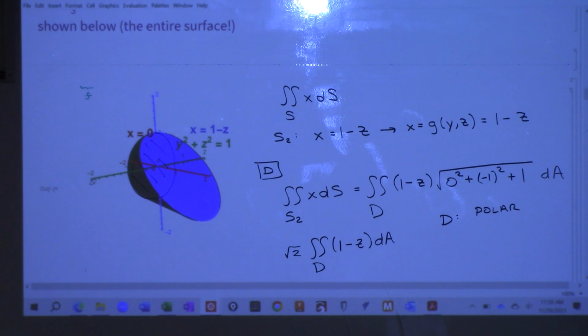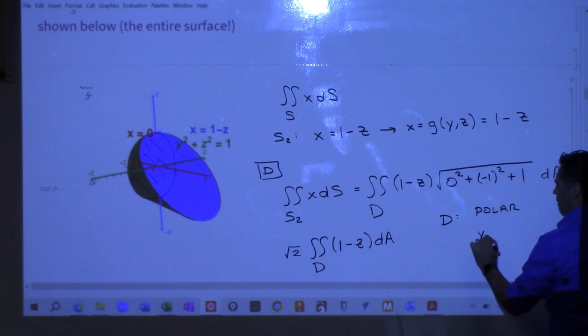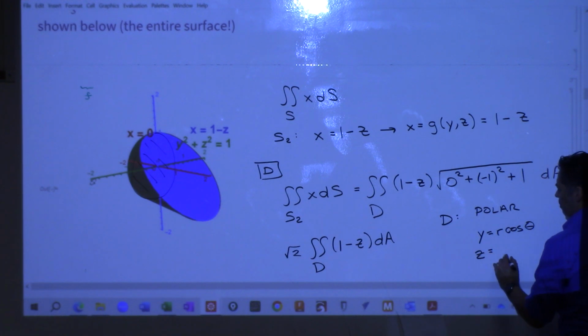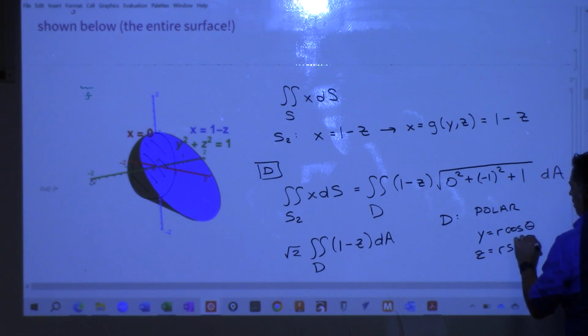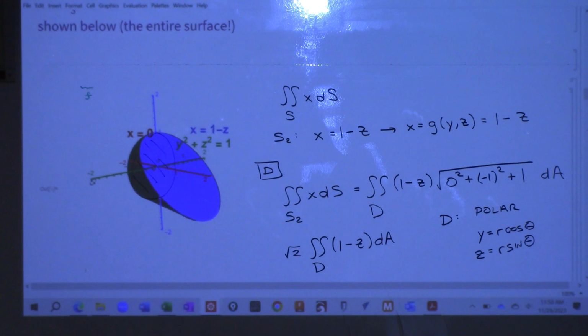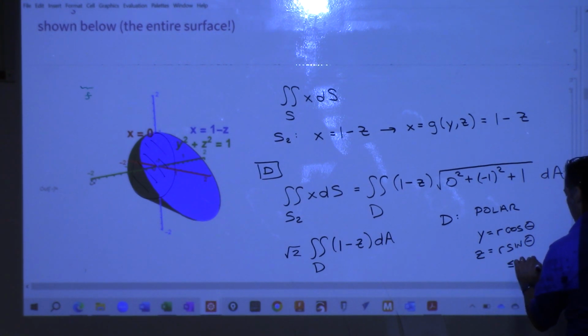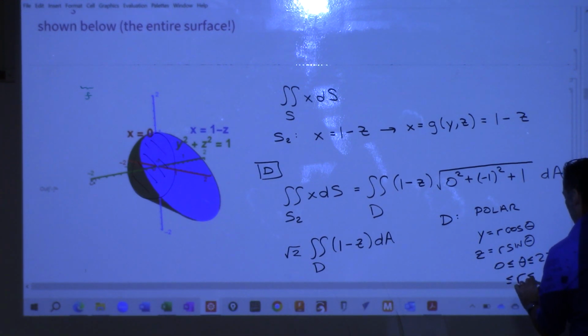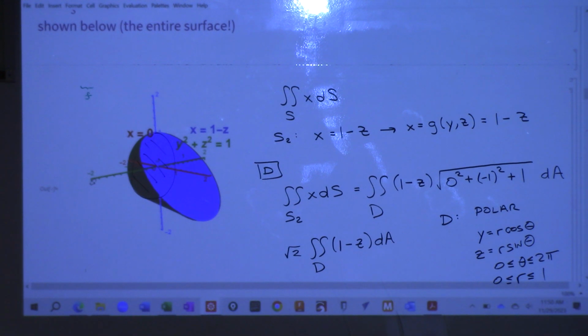But where is our circle living? In what plane? YZ. So I'm going to make my conversion y is equal to r cosine theta, and z is equal to r sine theta. That's my conversion. And then my restrictions: theta is between 0 and 2 pi, and r is between 0 and 1. Y'all agree that that defines what D is in polar?